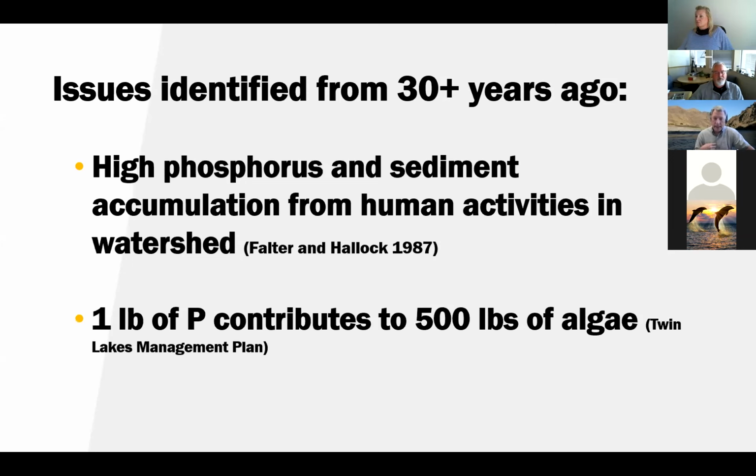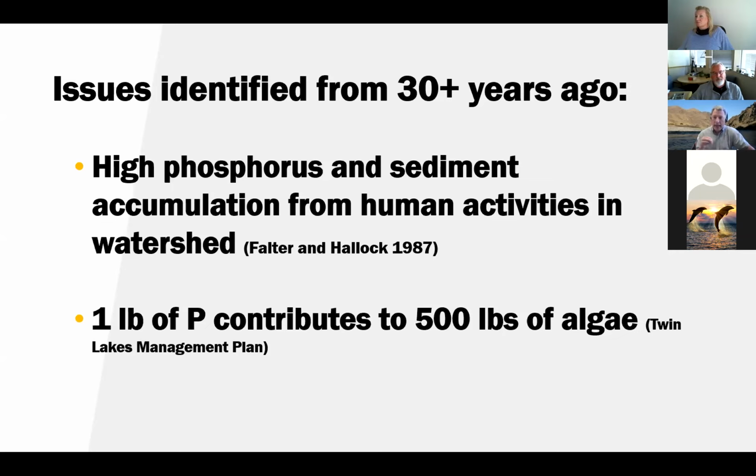And then in that management plan, it states that 1 pound of P, so 1 pound of phosphorus, contributes to about 500 pounds of algae. And this stresses the importance that phosphorus is the limiting nutrient in the Twin Lakes. So we have a ratio of carbon, nitrogen, and phosphorus, and phosphorus happens to be present in the lowest quantity.